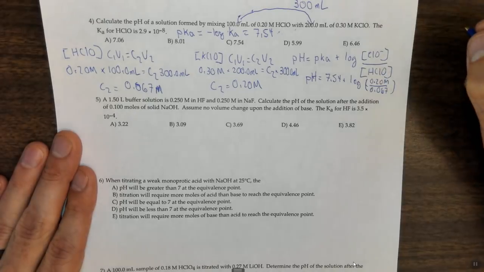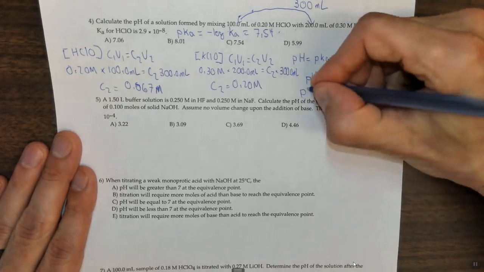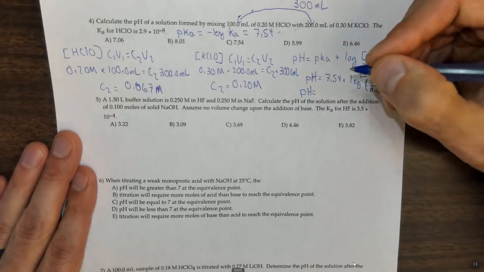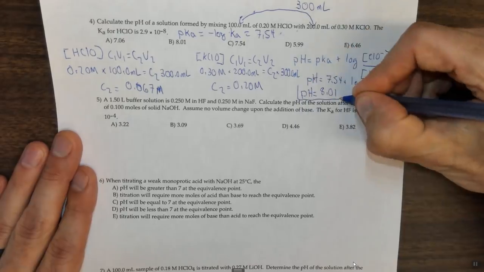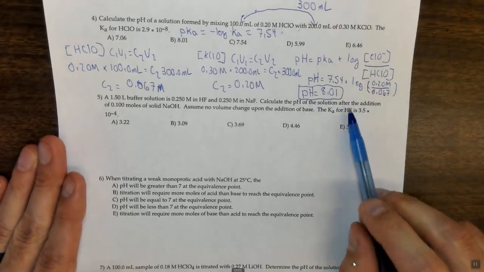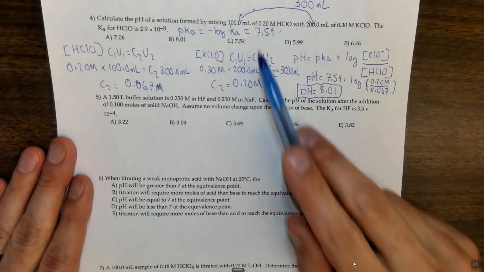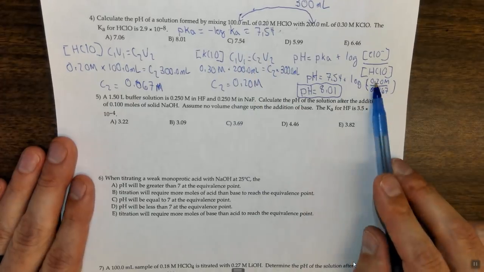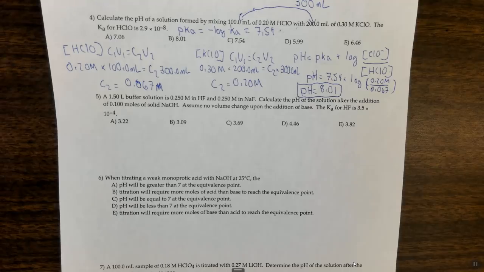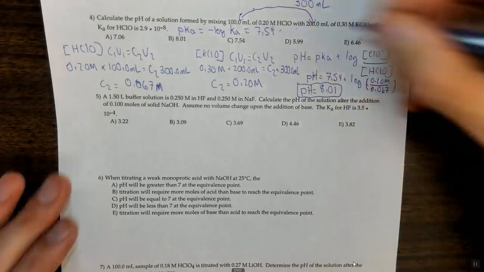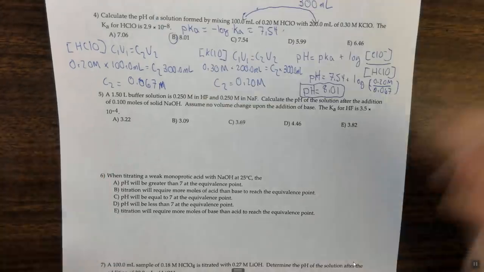And when we do all that math, we find the pH is equal to 8.01. And it makes sense that the pH is slightly higher than the pKa because we had slightly more conjugate base than we did of the weak acid. So this is how we could find the pH, and in this case it's choice letter B that is our answer.